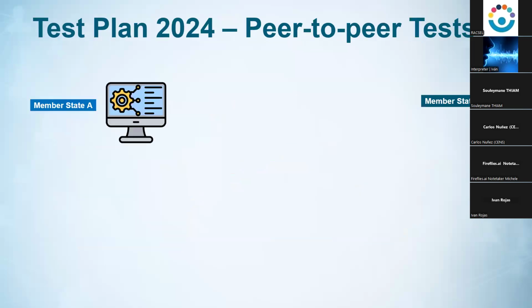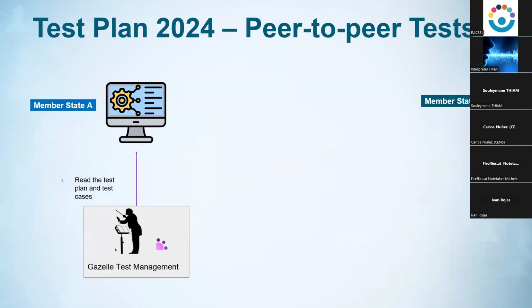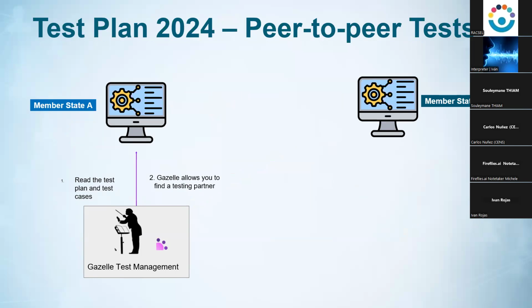After that, you have the peer-to-peer tests. As I said, for peer-to-peer test, you have one country, in Bogota, the first thing to do is to go to Gazelle Test Management to read their test plan. Once they read their test plan, they will be able to select any partner for a test, for example. I will show you afterwards in Gazelle.